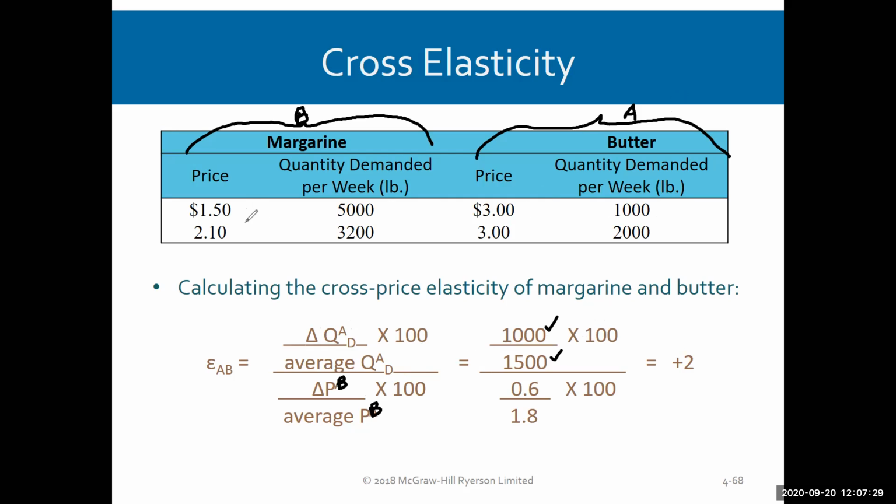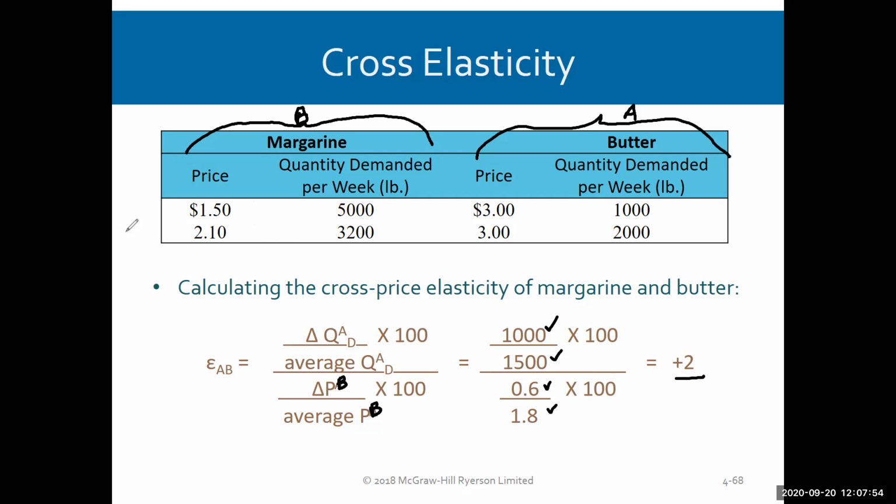We also have to know row 1 and row 2 for sure. I'll start with the second row: 210 minus 150, that's 60, over the average price of B, 210 plus 150 divided by 2, that's 180. So that's 0.6 over 1.8. I'm just going to back up. As soon as we see that this is plus 2, we'll come back to that right away.